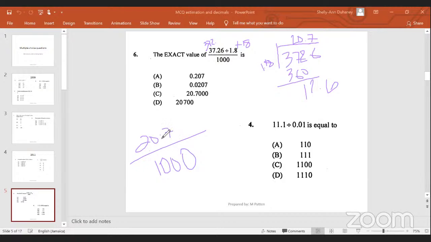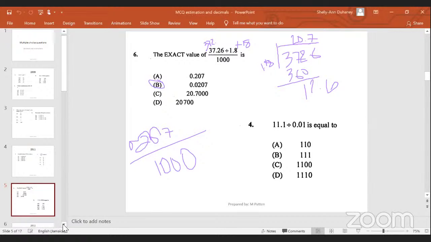So 1, 2, that's 0 right here, and then another place. So what is the answer? B. 0.0207. So the answer is B. All right. Letter D.